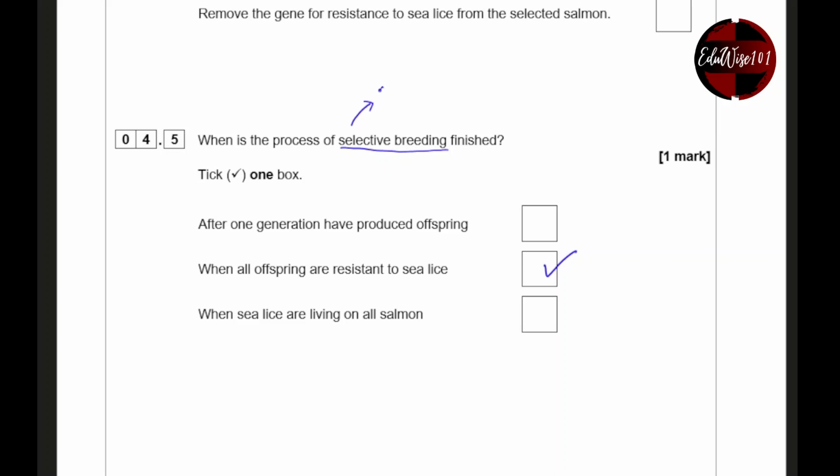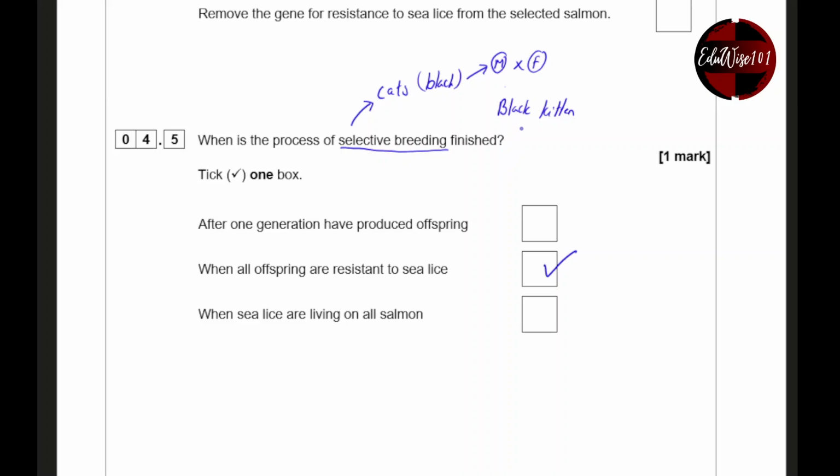So let's say I have cats and I want black cats, right? Pure black cats. And I take a male and a female cat, and let's say they're half black and half white, and then I cross them and I get black kittens from the mother and the father, right?